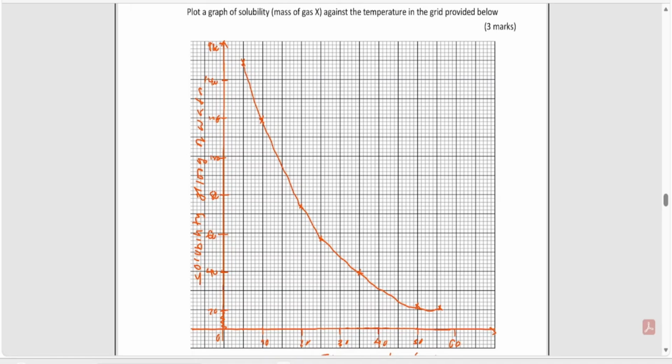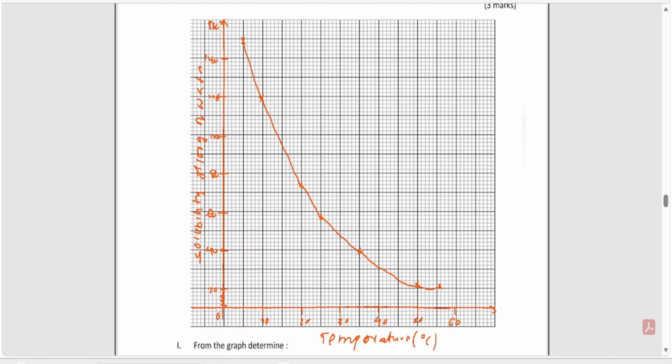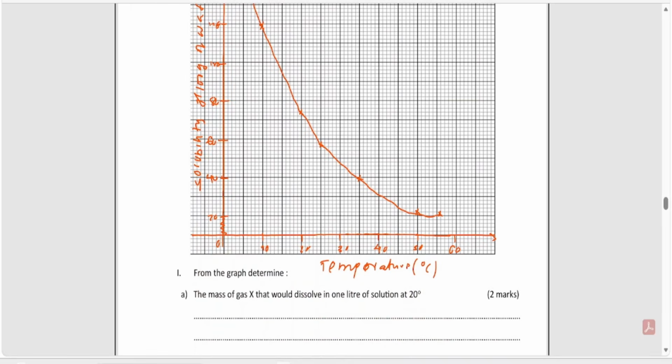So we have our curve. Now we can move to the other questions.